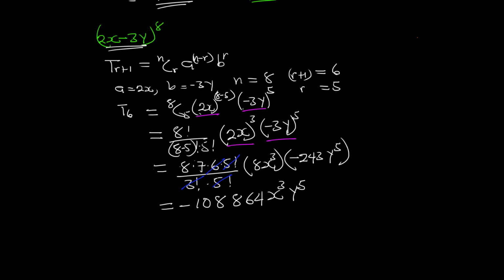So this is the sixth term in the expansion of the binomial 2x minus 3y to the power 8. When asked, the coefficient of the sixth term is negative 108,864. That is the coefficient of the sixth term in the expansion of 2x minus 3y to the power 8.